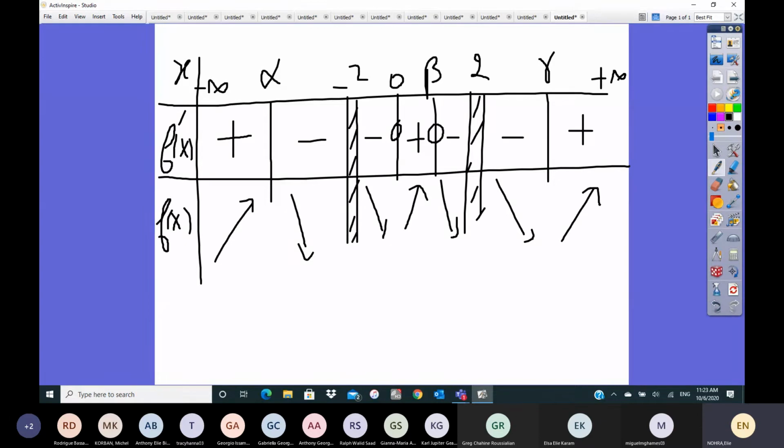We still have the values to fill. You do notice that alpha is not given exactly, but I gave you a hint. Alpha we take -3.55, beta 0.15, and gamma 3.35. Correct? How did I fill in the signs? Look at this.